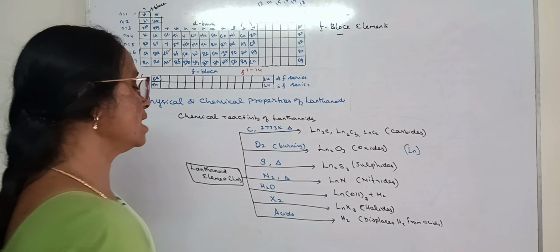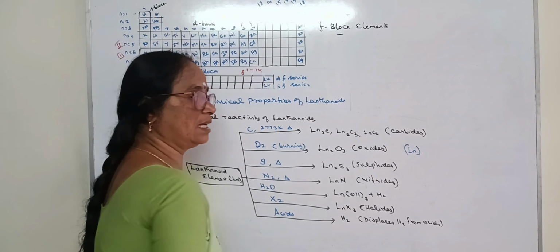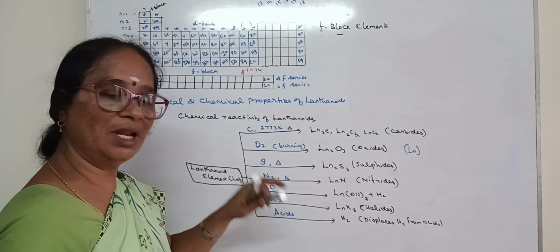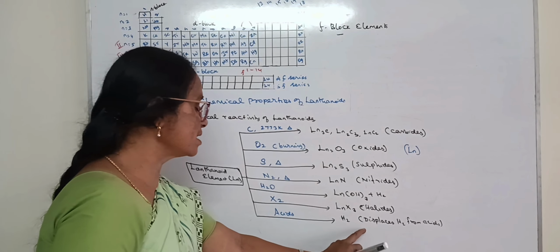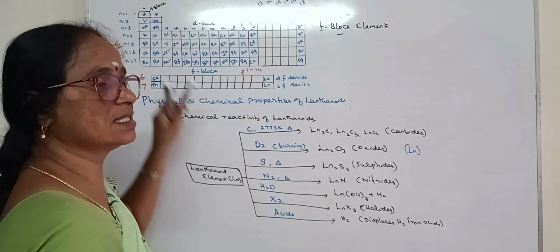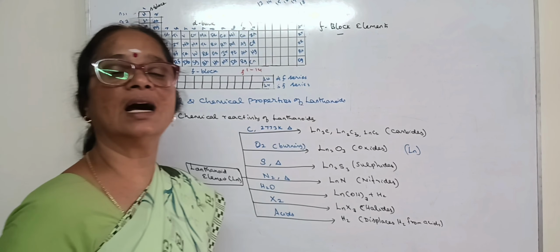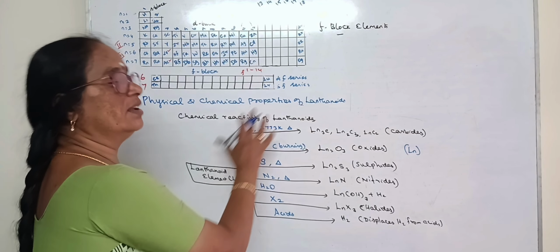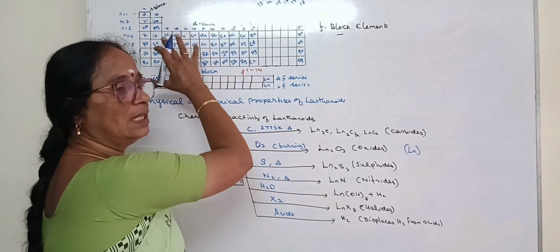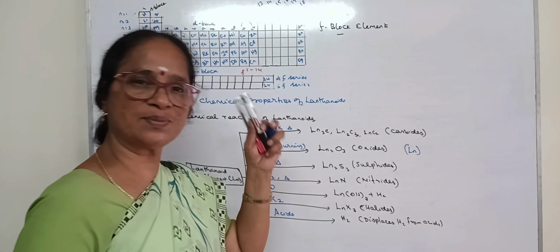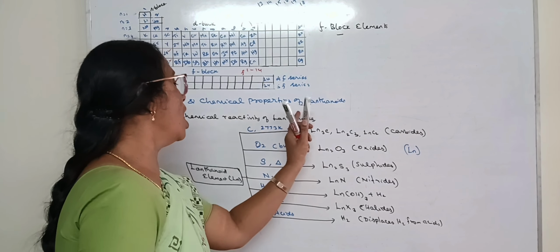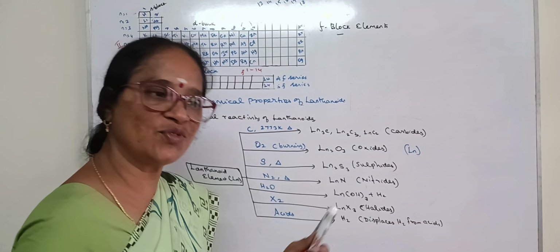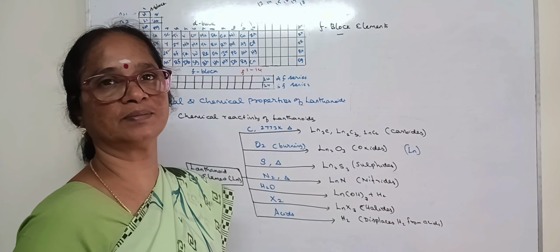With halogens, they form halides of the type LnX3. Similarly, they displace hydrogen from acids just like alkali and alkaline earth metals. So the properties of lanthanides are very close to those of s block elements. S block elements also obey all these properties in forming their compounds.